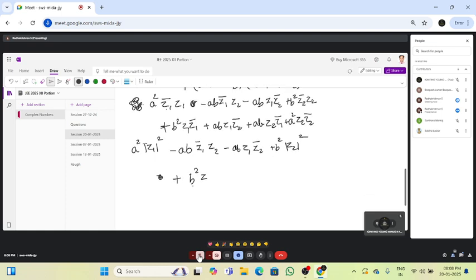Z1 into Z1 conjugate is Z1 mod square. So you see that these get cancelled.